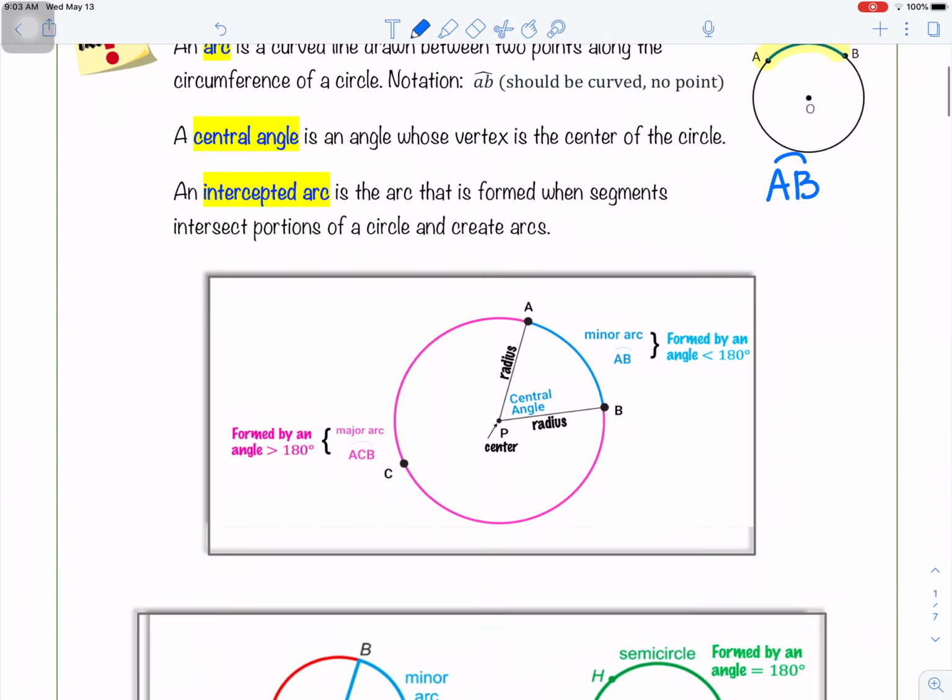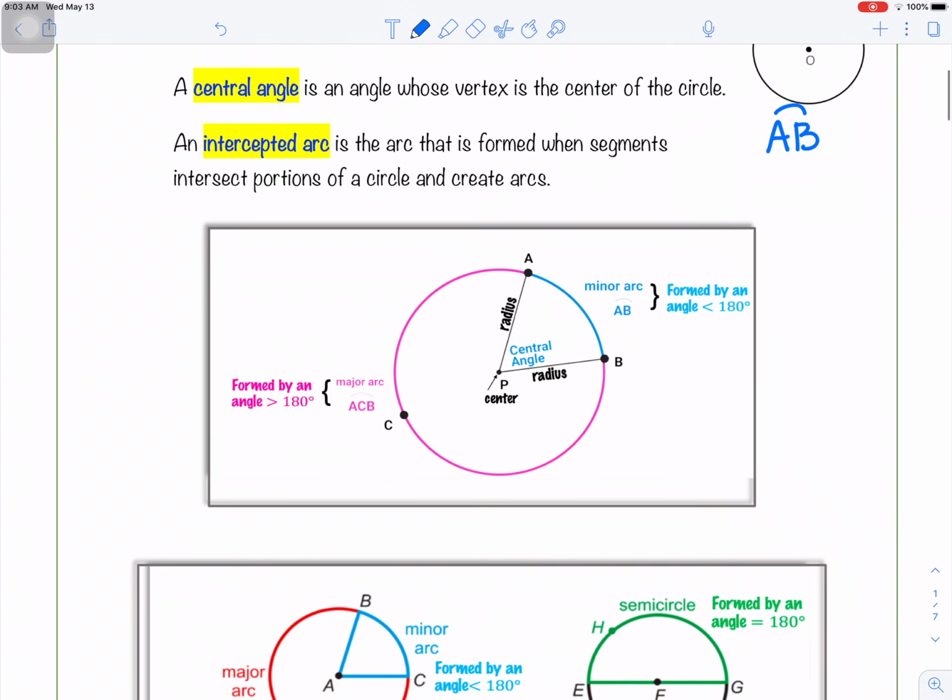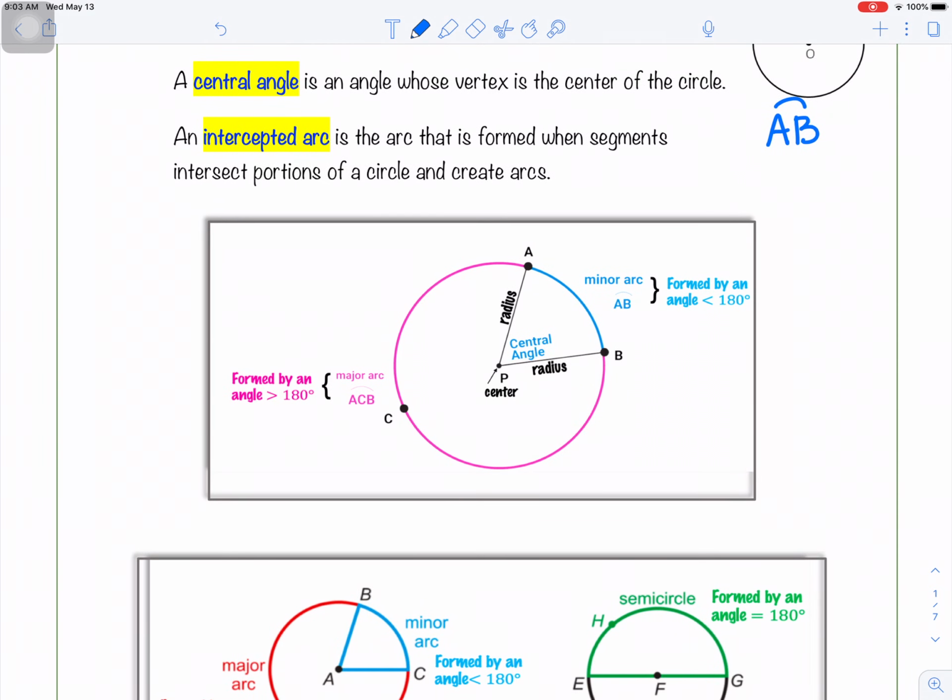A central angle is an angle whose vertex is at the center of the circle. That's what we're going to focus on today. And then an intercepted arc is the arc that's formed when the segments, which are radii, intersect the circle and create an arc.